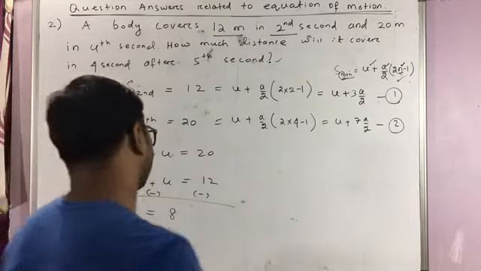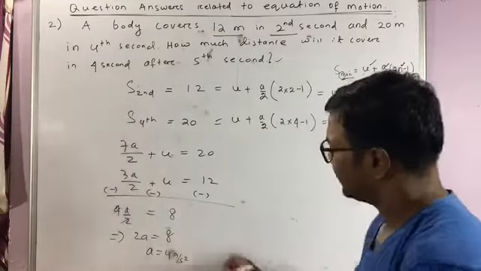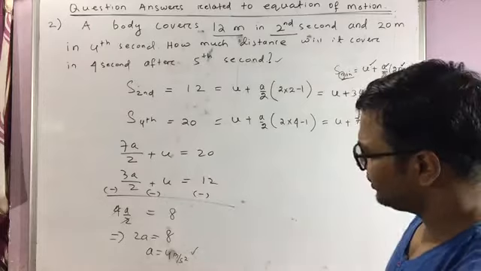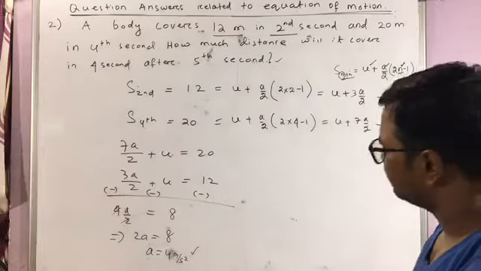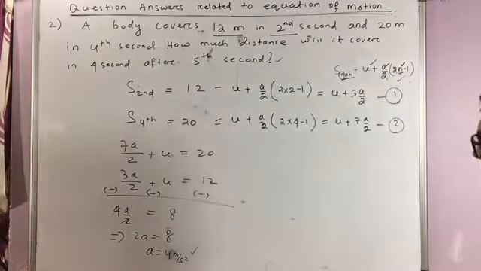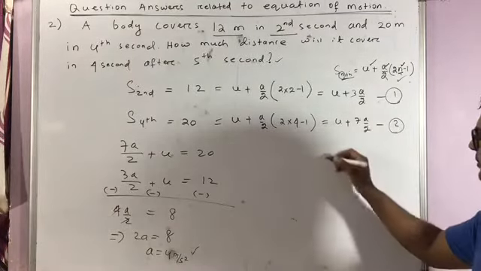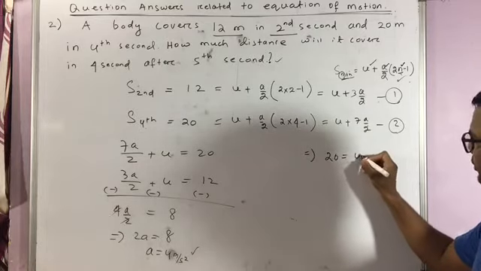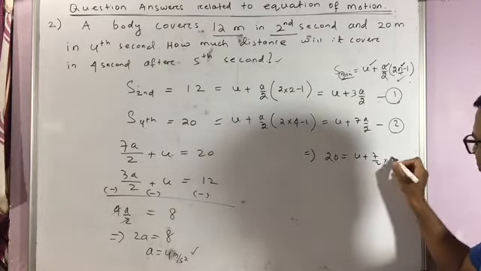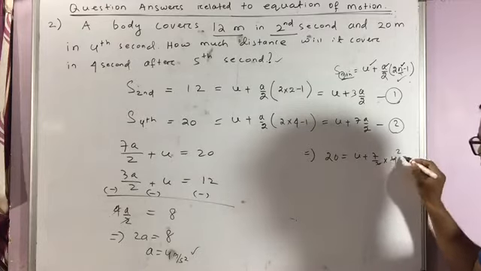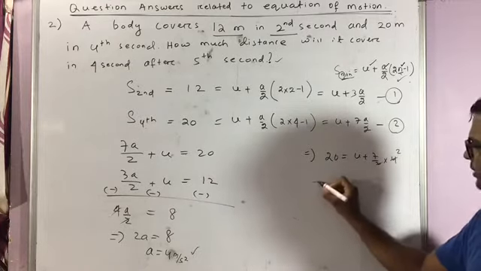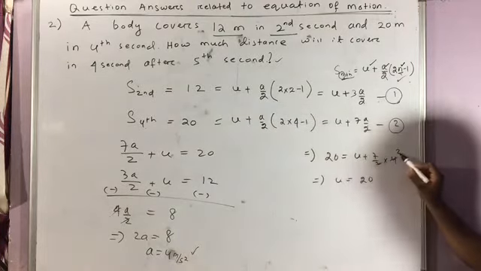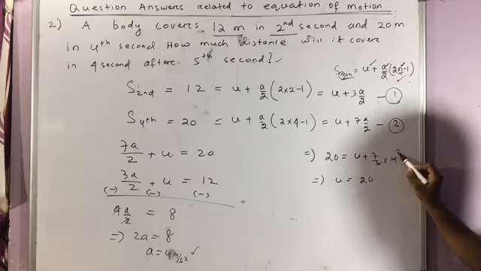So you got the acceleration from this equation. So you take this value of acceleration, put it in any equation, you will find your answer. Suppose you take acceleration to be 4 in this case, which implies 20 is equal to u plus 7 by 2 into 4. So which is 2 if you divide it. So u is equal to 20 minus 7 into 2, 14.